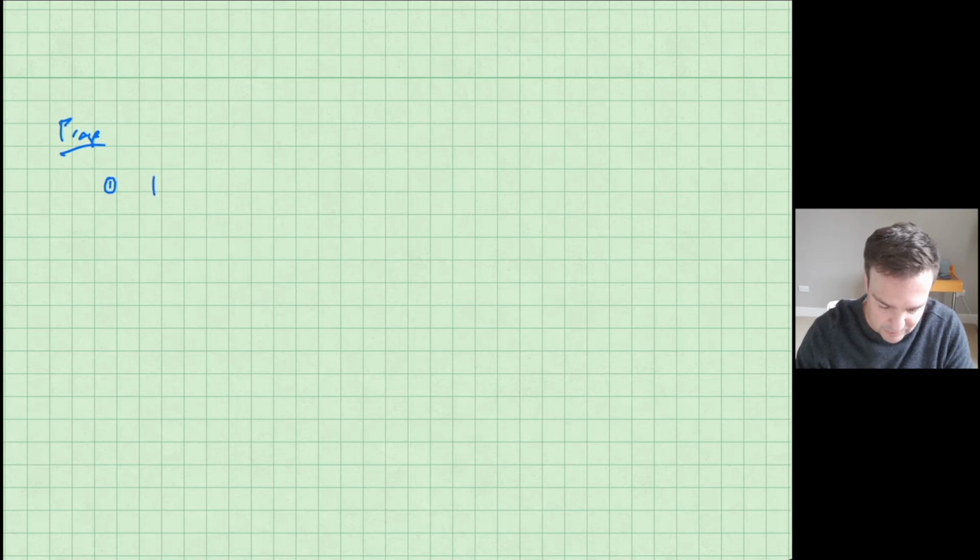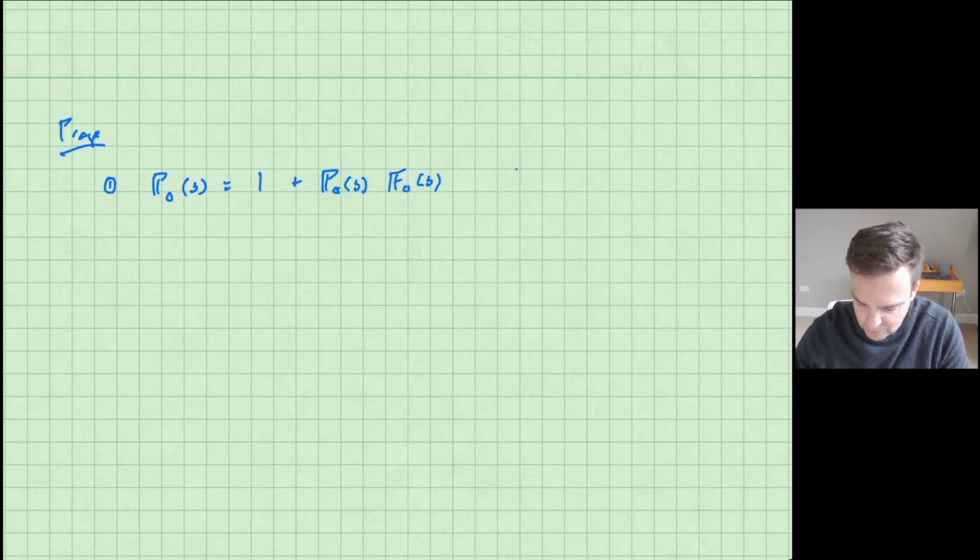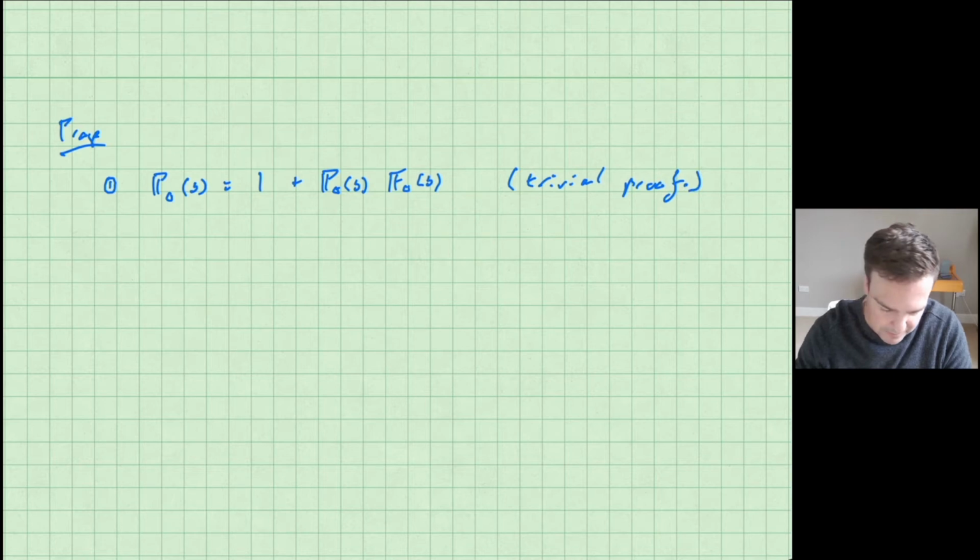The first part says that P0 of s is equal to 1 plus F0 of s times P0 of s. I think I've got those in the opposite order from what you have in your notes. But this one is trivial. You just put j equals 0 in the previous theorem. So I won't really bother with that.